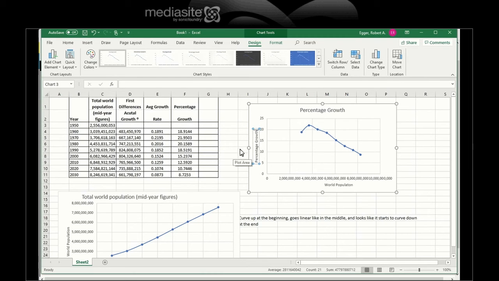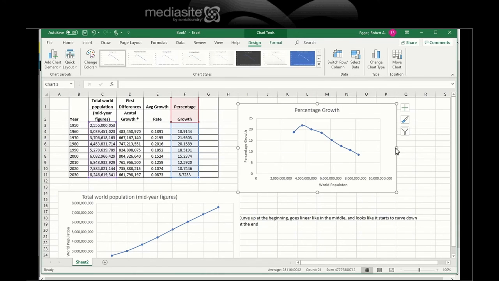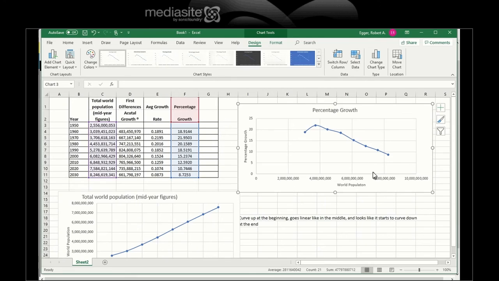Okay, and I expand it out a little bit. Here we go. All right. So it looks like we were growing, hit a peak growth rate, and the growth rate's been basically steadily declining since, I'm not sure since when, 1970, I guess.